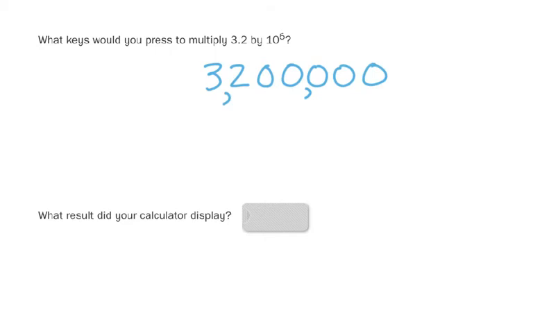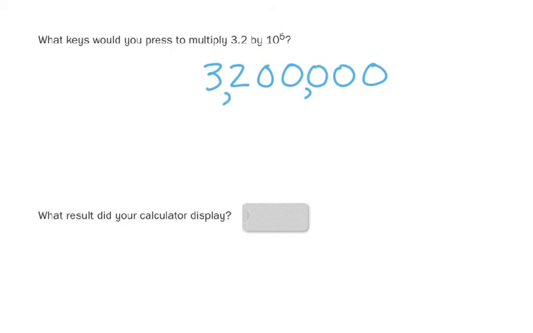$3,200,000. Why are there not 6 zeros behind there when I just multiplied it on my calculator? I'll tell you what happens.